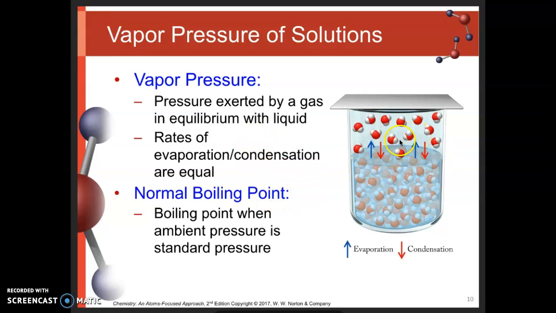Now, we talked about boiling point in the same way, and boiling point is just that temperature where the vapor pressure of the liquid matches the atmospheric pressure above the liquid. And the normal boiling point is when that atmospheric pressure is standard pressure, 1 atmosphere, 760 millimeters of mercury.